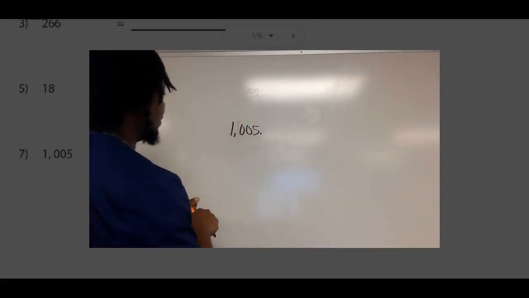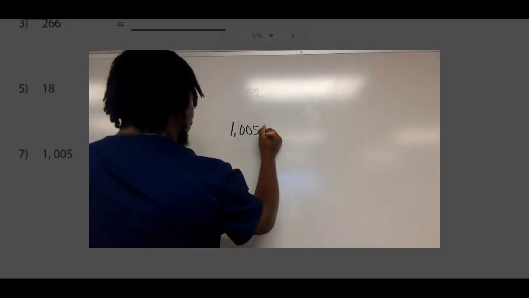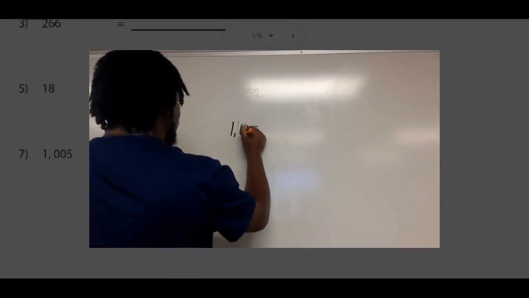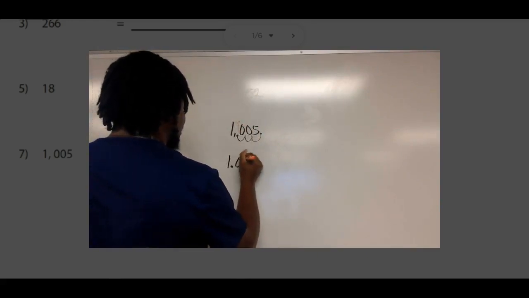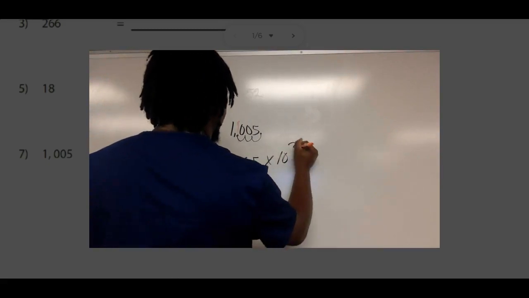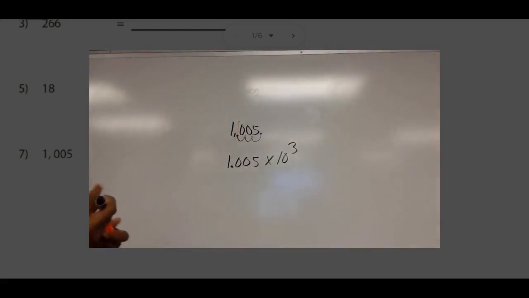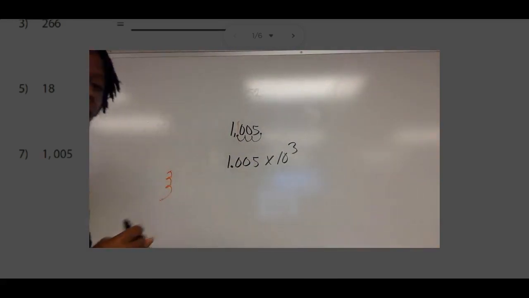So what does that become? How many times am I going to move? That's 1, 2, 3. So that will become 1.005 times 10 to the third power. Scientific notation is not that difficult, guys. Not that difficult. I just messed up my marker.